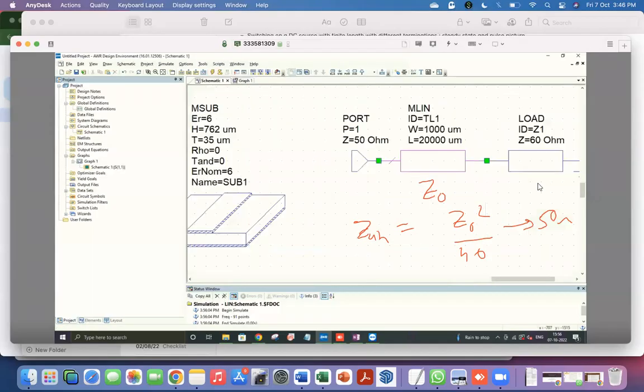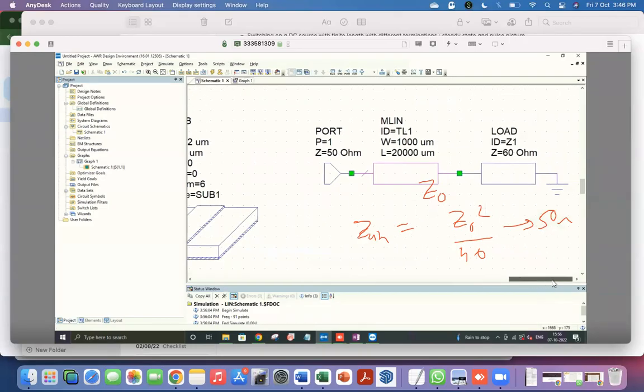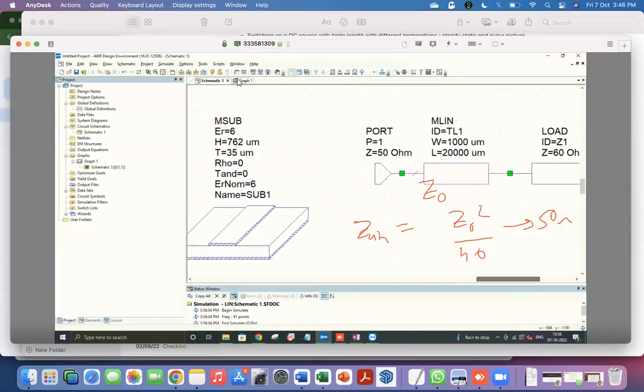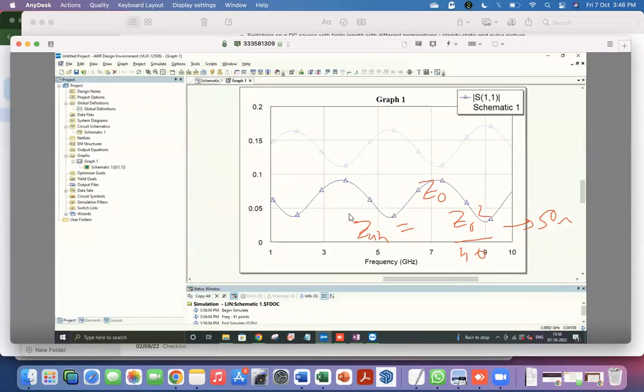I now made this 60 ohms. And it's behaving like this. I still don't get it. The impedance is not matched.